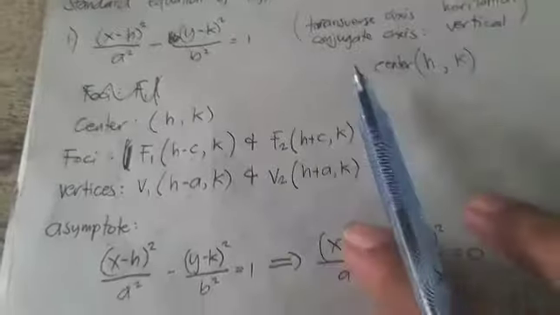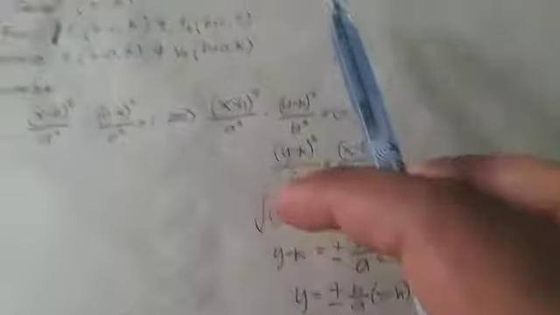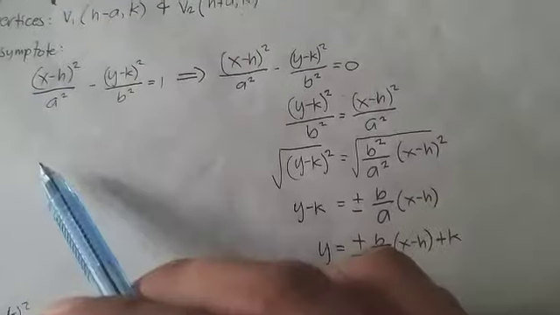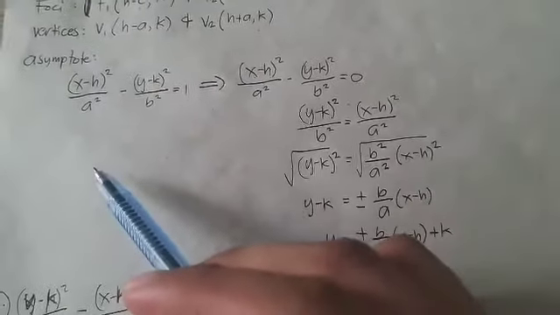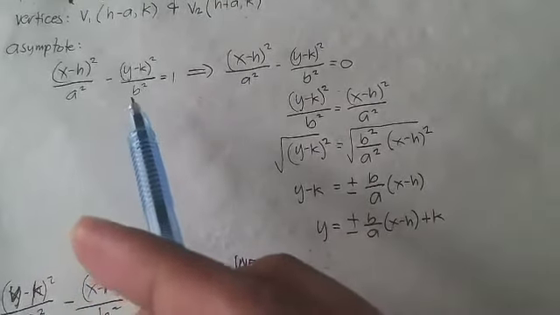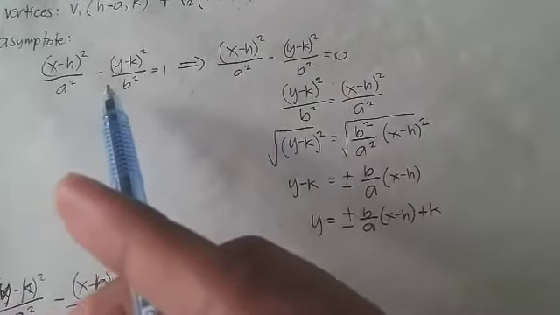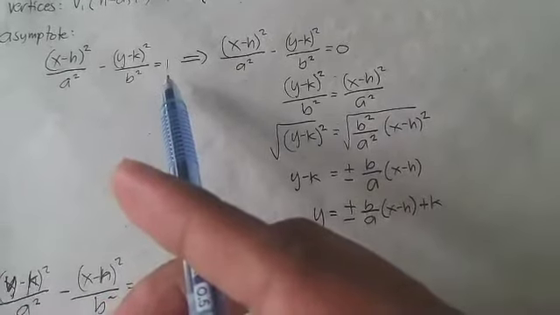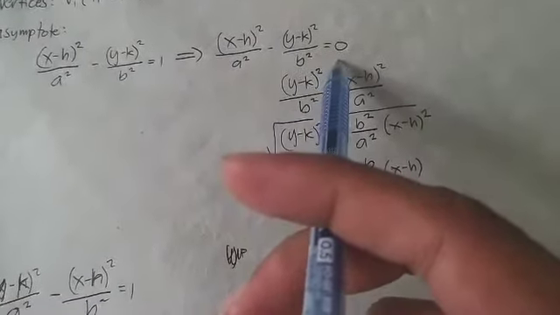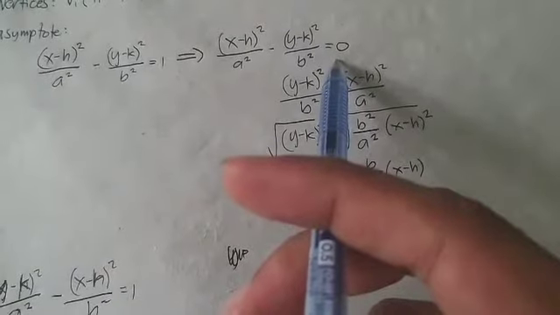Karon pag-abot sa asymptote, kani medyo ano siya, pero akong ipakita. To identify the asymptote, first thing that we need to do is ato lang ni siyang i-copy ng equation but make this one equal to 0. After that, we solve for y.